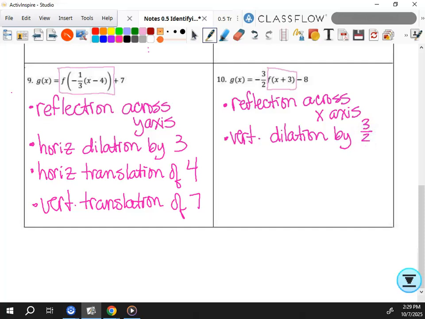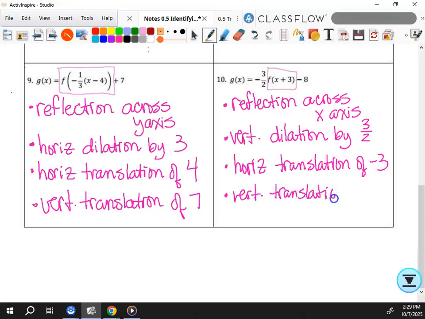Now, is that a stretch or a compression? A stretch, because it's greater than 1. Just because you see a fraction doesn't mean it's a compression, right? Don't fall into that trap. Then I have a horizontal translation of -3 and a vertical translation of what? -8.